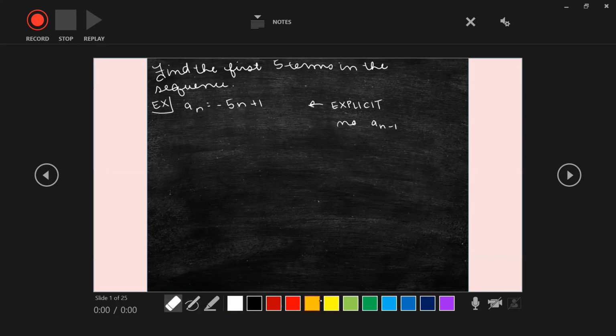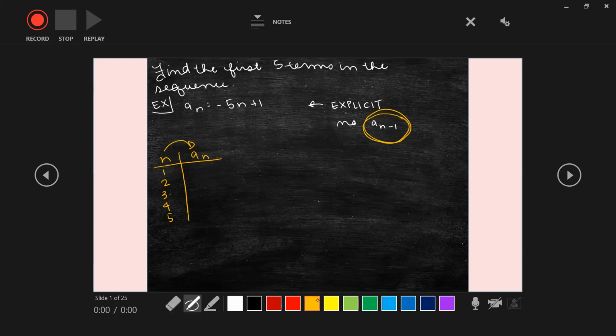In order to find the first 5 terms, we are going to create a little table. I'm going to have 1, 2, 3, 4, 5, and I'm just going to plug in these n's for this a sub n. Now notice, whenever you're doing a recursive formula with your a sub n minus 1, that's where you use the preceding number for the next one.